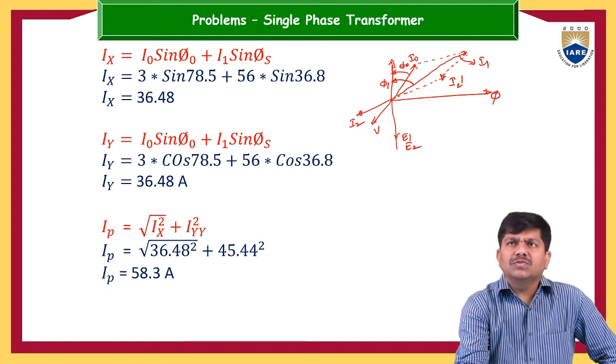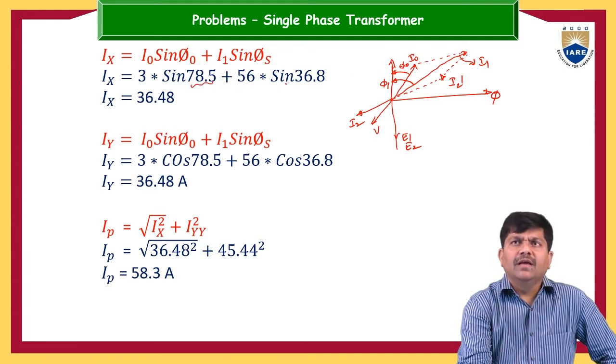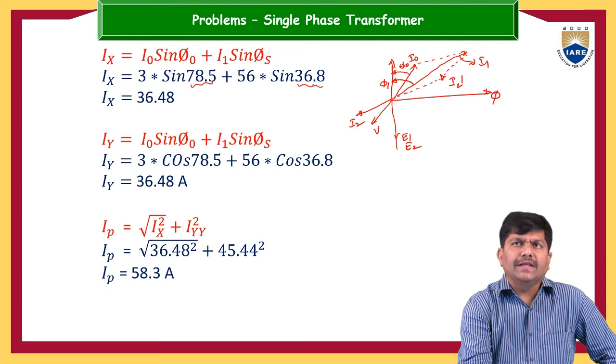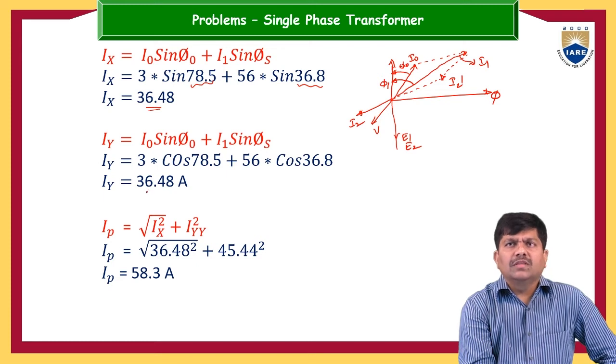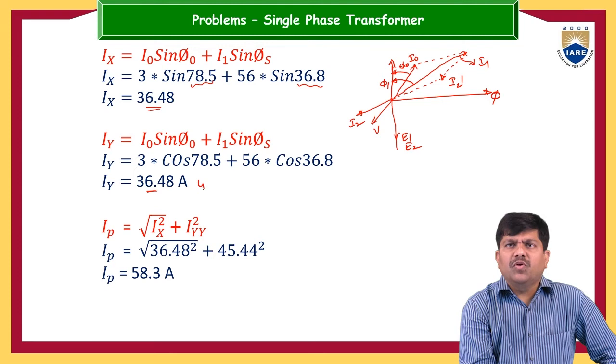Then 3 into sine 78.5, that angle we have already calculated, and sine 36.8, the secondary loading phase angle. So 56 times sine of 36.8, so we get Ix equal to 36.48. Similarly, Iy is also, sorry, this is 45.44 amps.